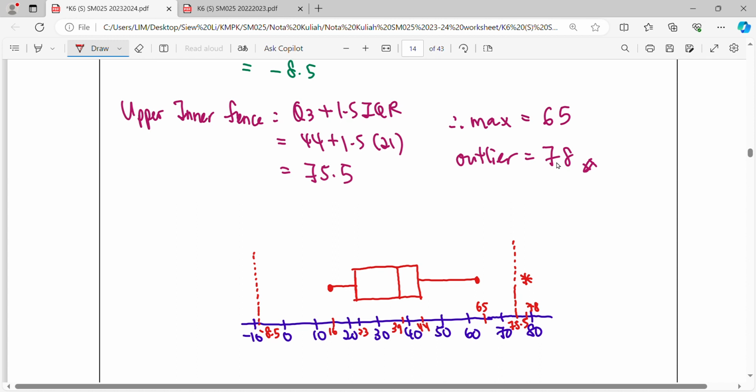So label starting from first quarter, second quarter, third quarter, then lower inner fence, upper inner fence, minimum, maximum, and outlier. So your drawing must have the name of the value, and the value here, state it clearly.